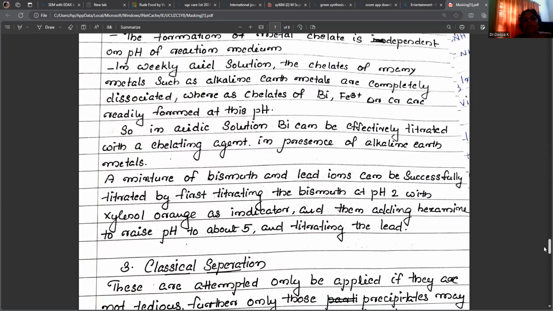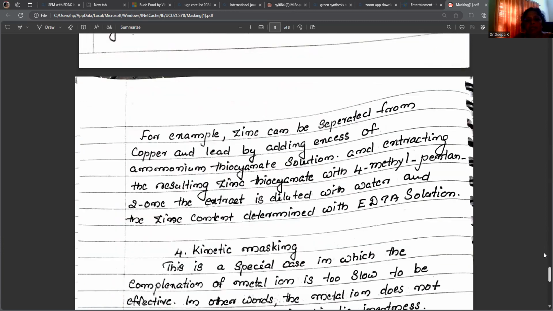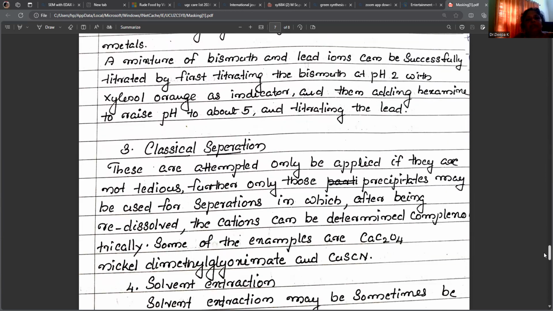Thus, we can determine bismuth and lead in a mixture by changing the pH. Another method is the classical separation method used for increasing selectivity in complexometric titration.